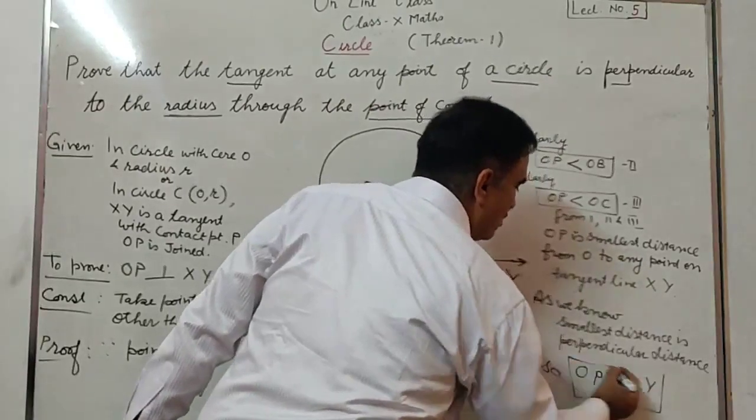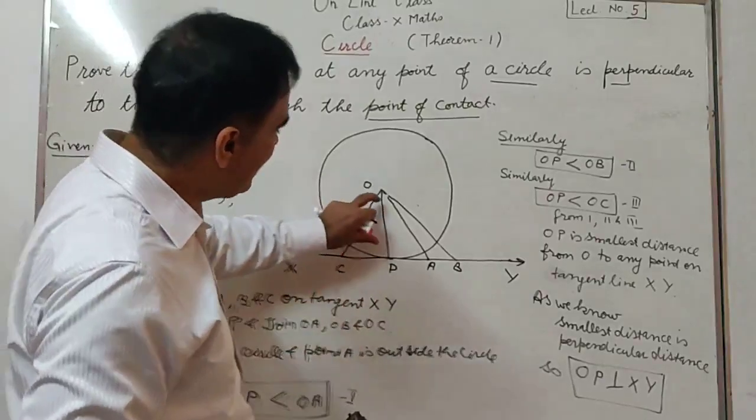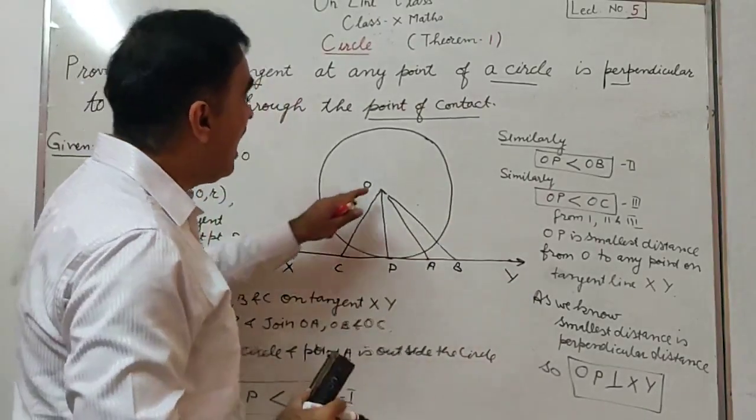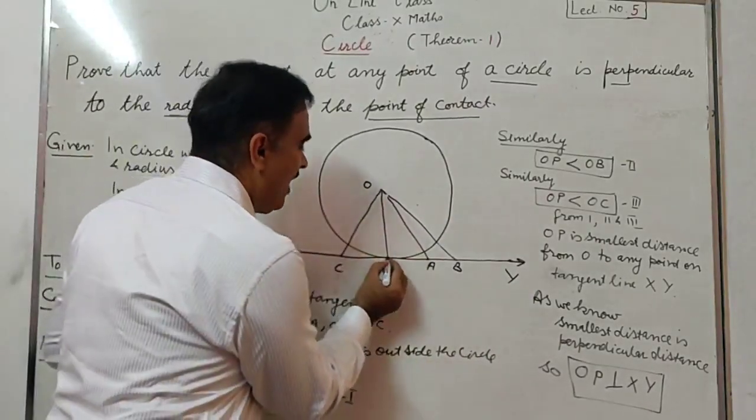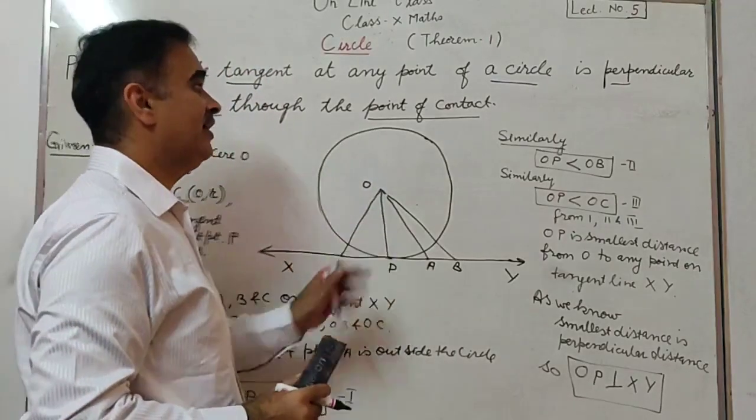So students, you have to remember this result also: the radius and tangent are perpendicular to each other at the contact point. They always make 90 degrees.